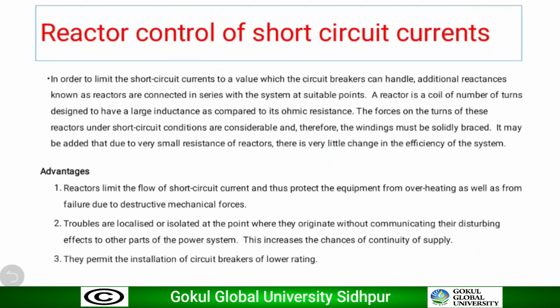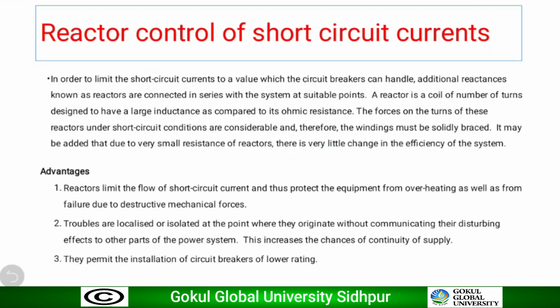Reactor control of short circuit current. Short circuit current can be controlled by the impedance between the fault point and the generating station.